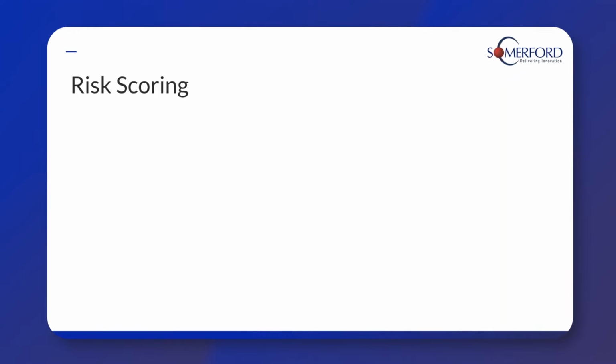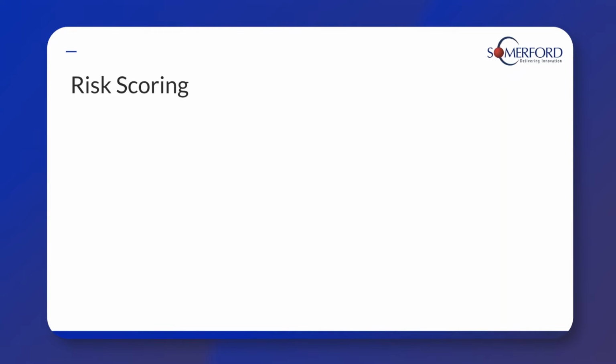So first off, let's think about scoring for risk, right? You could arbitrarily just pick a score for each risk rule, 20, 40, 60, whatever. However, it is most appropriate to have a structure in place for risk scoring.